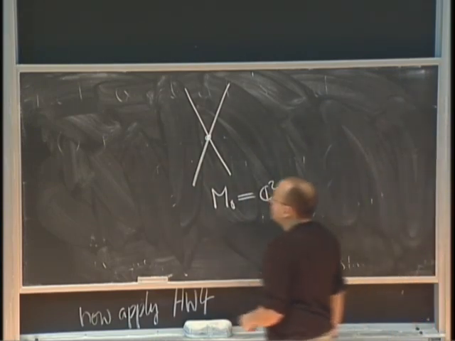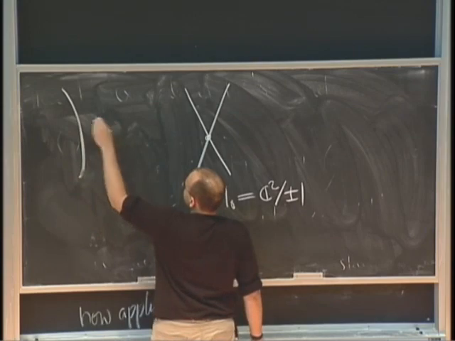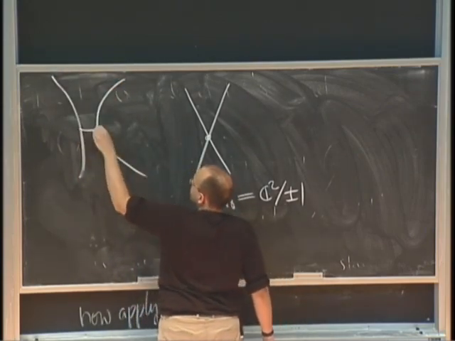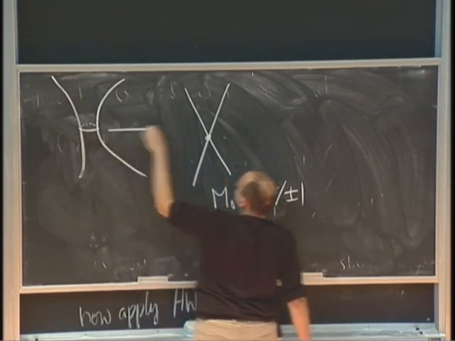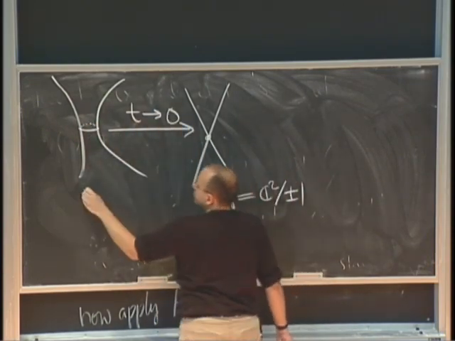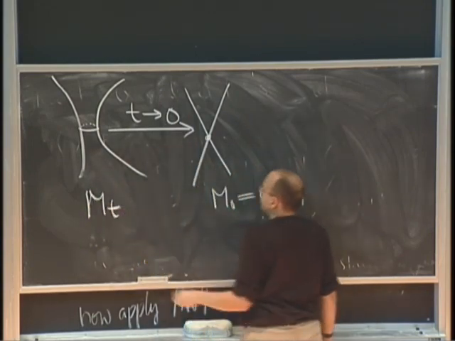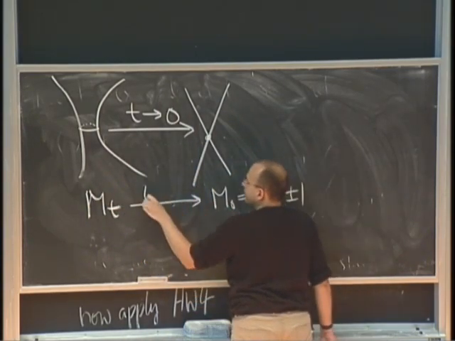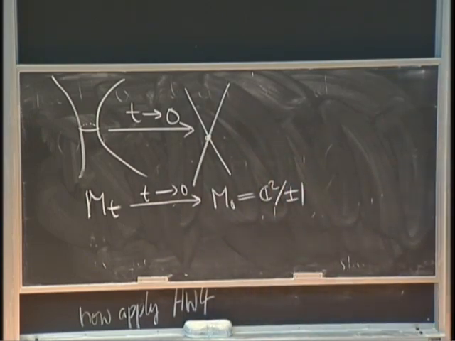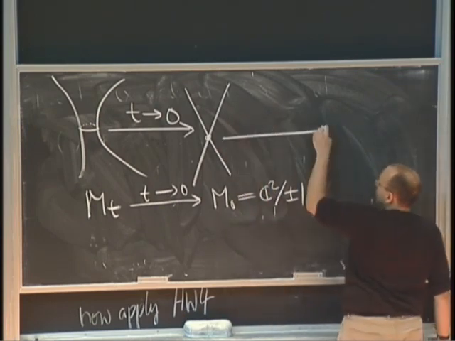Now on one hand, I have this one parameter family M sub t that's somehow converging to this guy as t goes to 0. And on the other hand, I have this construction over there that blows up the origin.